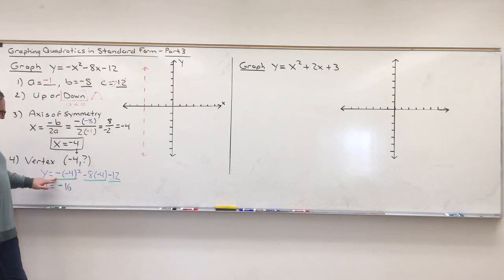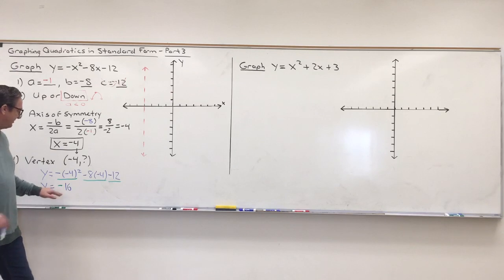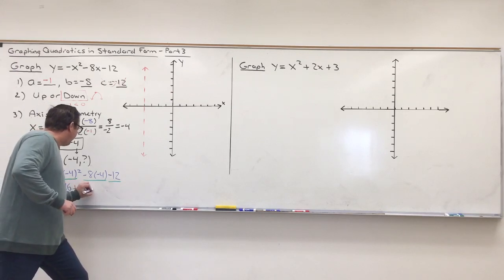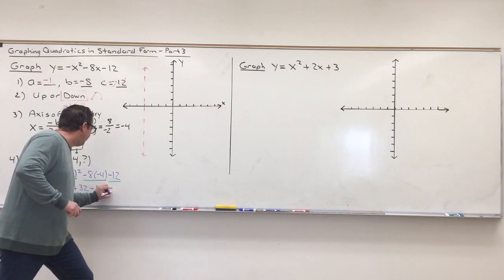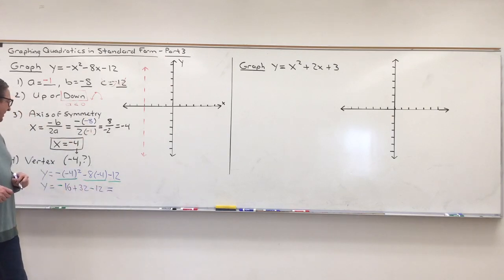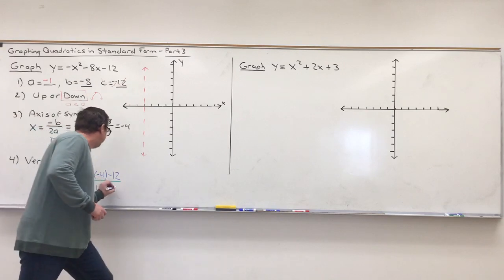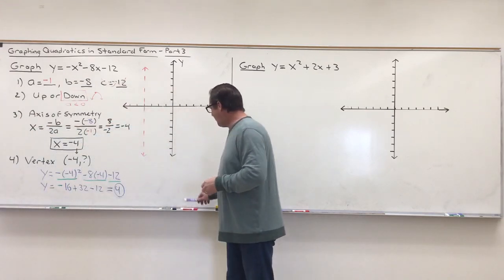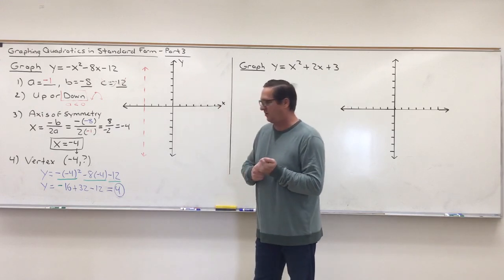So this comes down right here, and then -4 squared is 16. So you've always got to watch when that negative's out front, it's always going to come down to that piece. We're going to go plus 32 minus 12. And if I think I've done this right, we get a y value of 4.